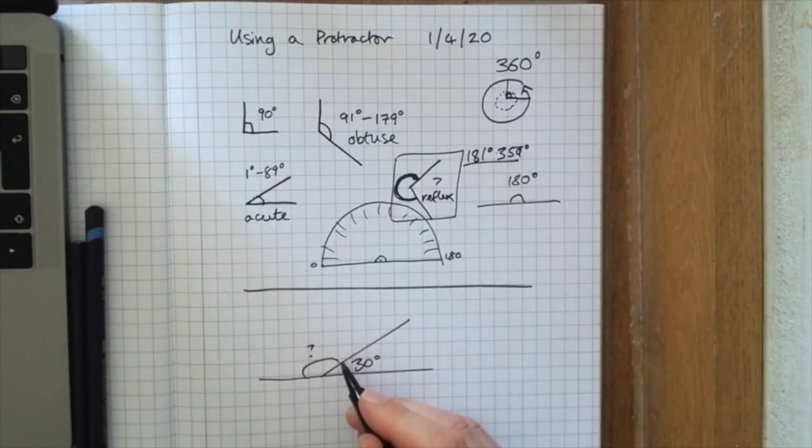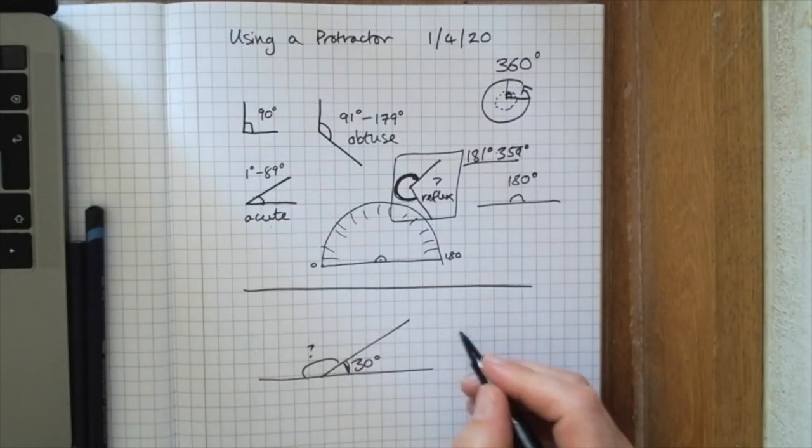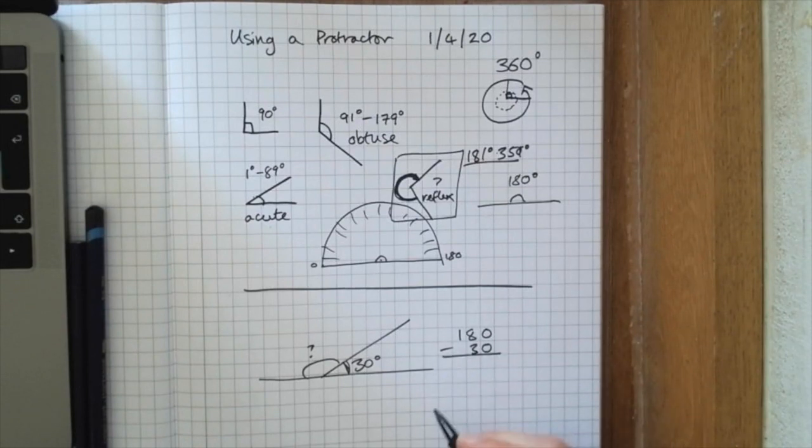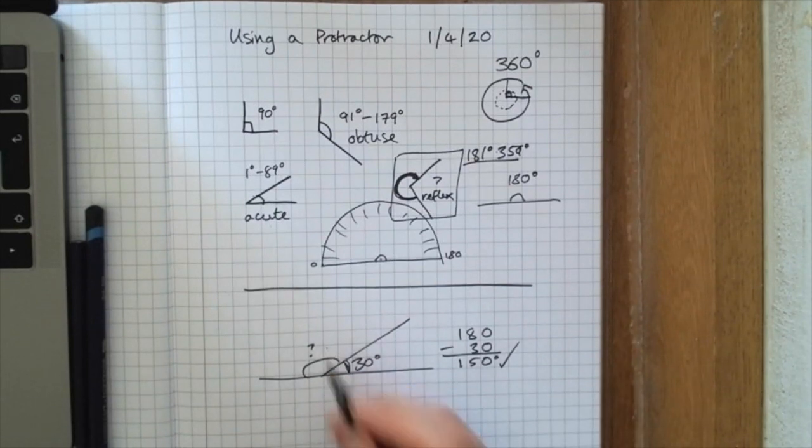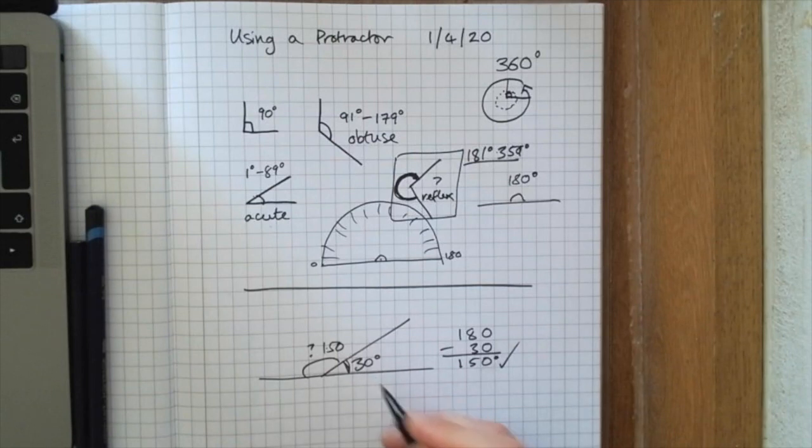So if this part of the straight line is made up of 30 degrees, this bit must be 180 take away that 30, which should come up as 150 degrees. And that will be our 150. We can check that ourselves by saying, well, okay, if that was 150 and that is 30, 150 plus 30 equals 180 degrees. So we're right, we've checked it with our inverse.